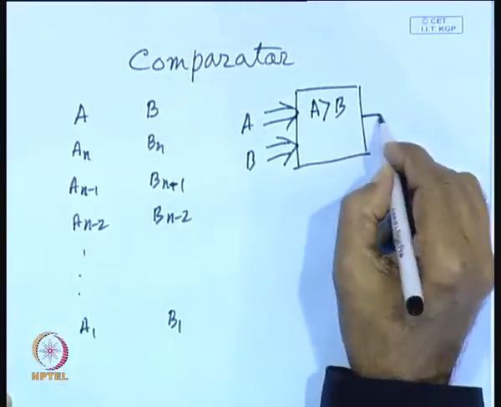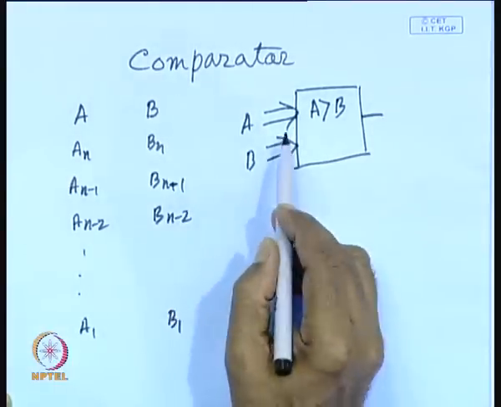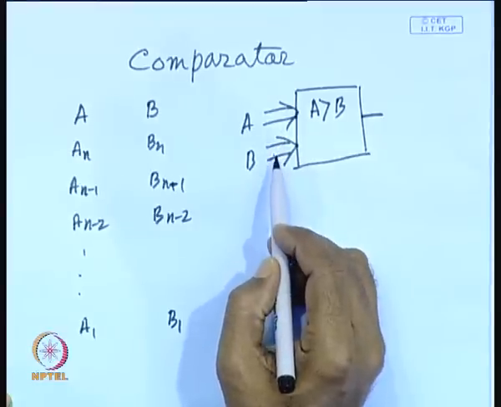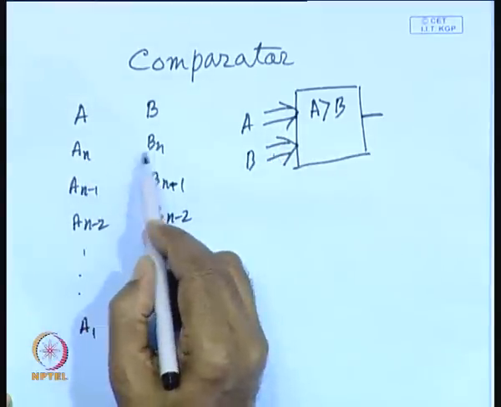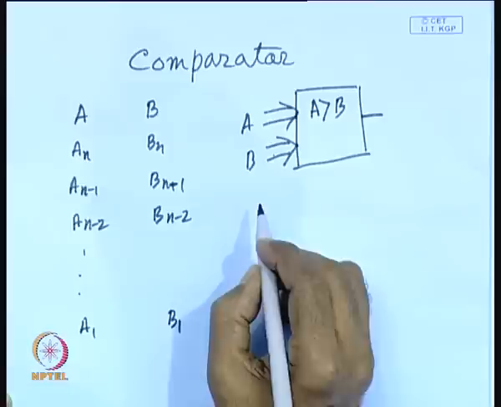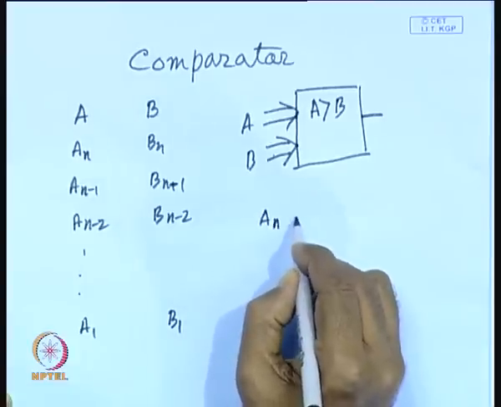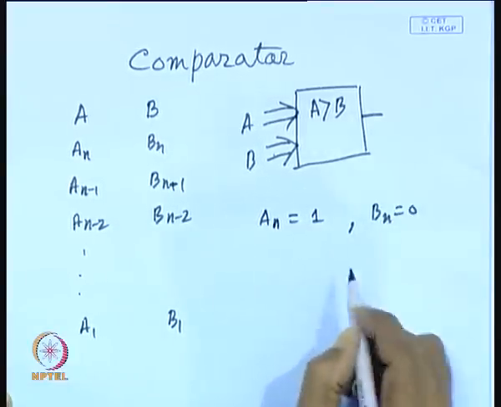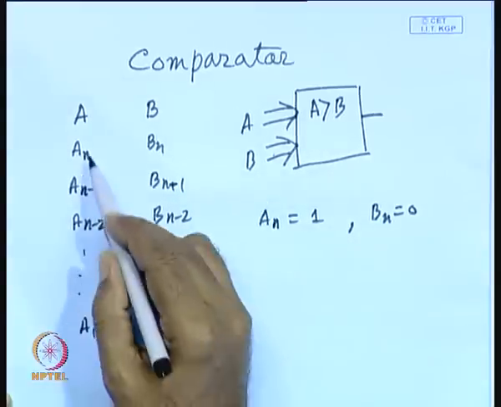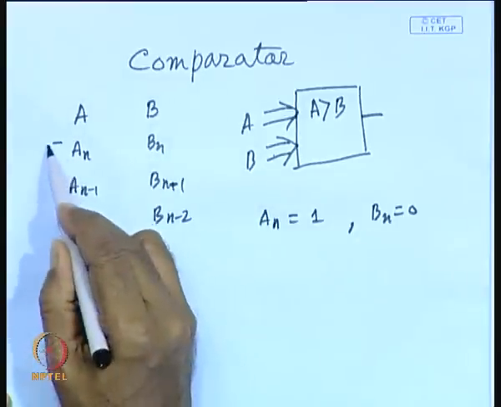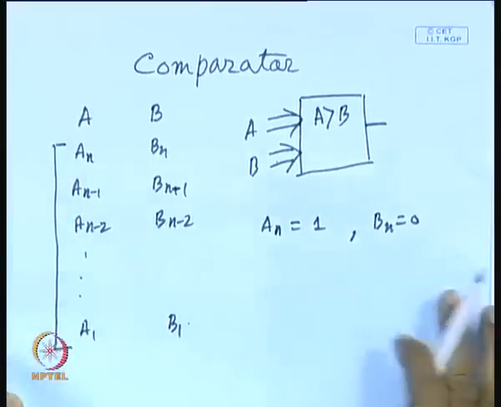Now, whether a is greater than b or not can be found out from these two bits if they are 1 0 or 0 1. Suppose a n is equal to 1 and b n is equal to 0, then you know that the number a is greater than b without looking into the remaining bits.